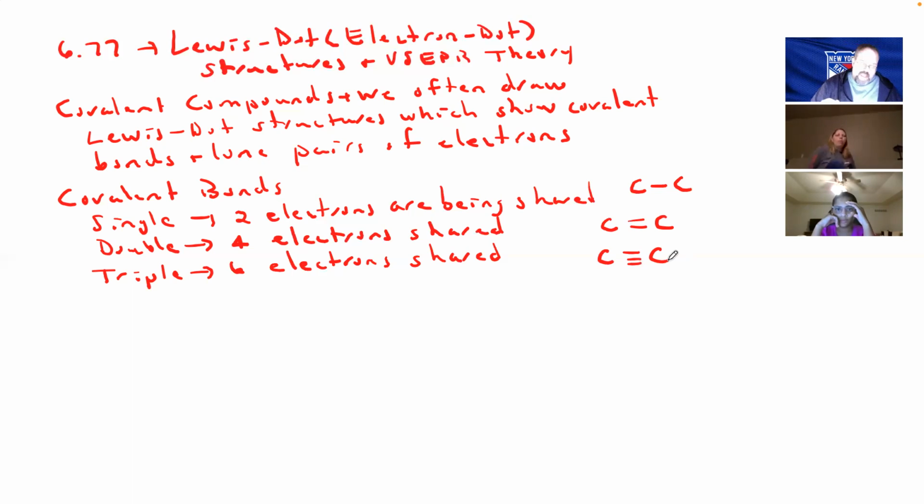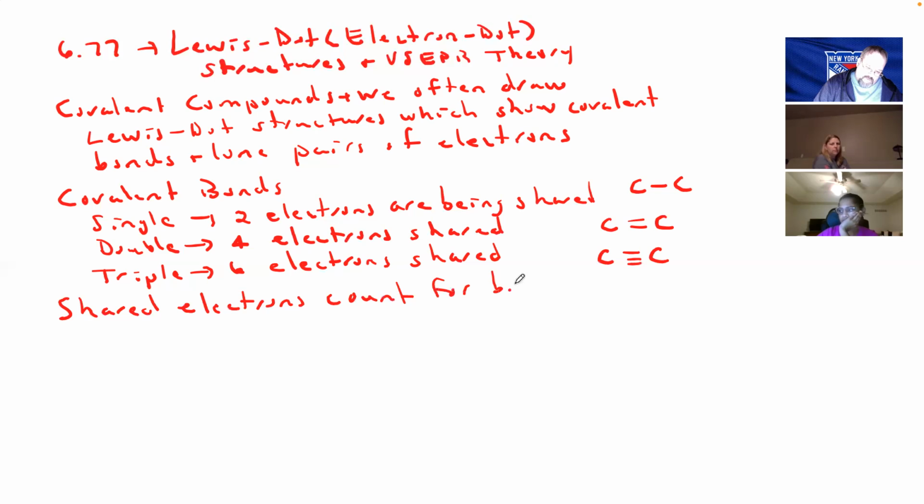As I mentioned a little bit before, which is really important, shared electrons count for both atoms that are sharing them.